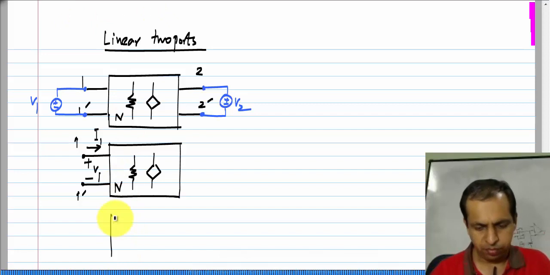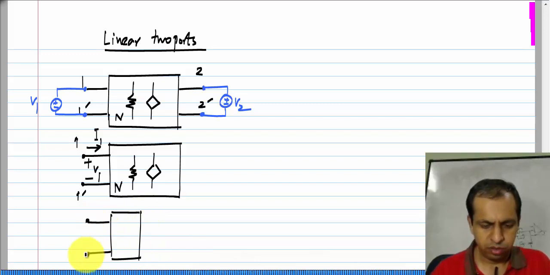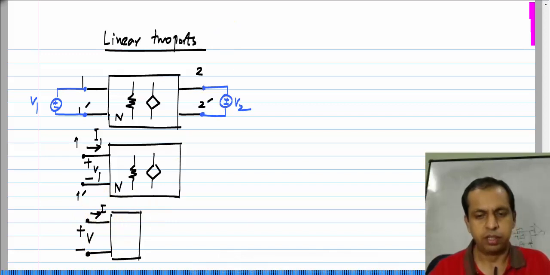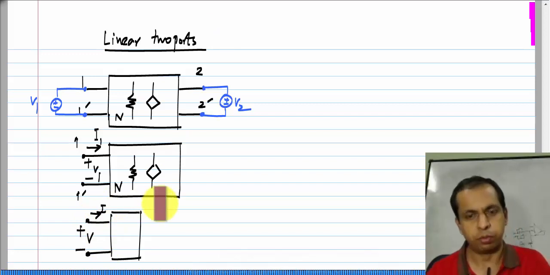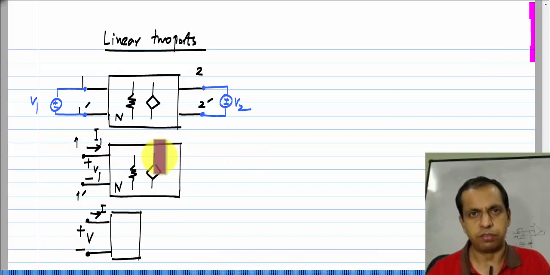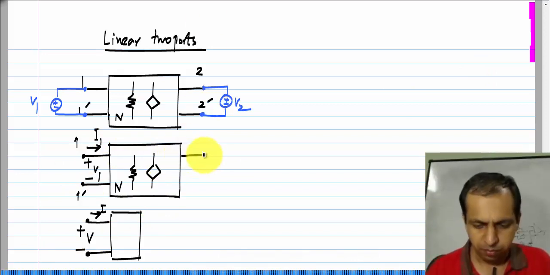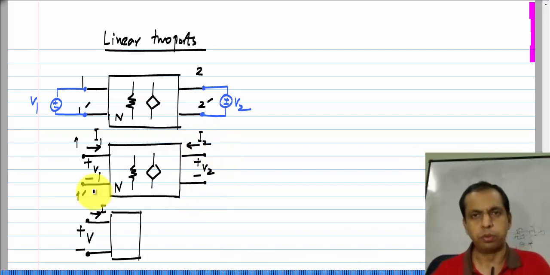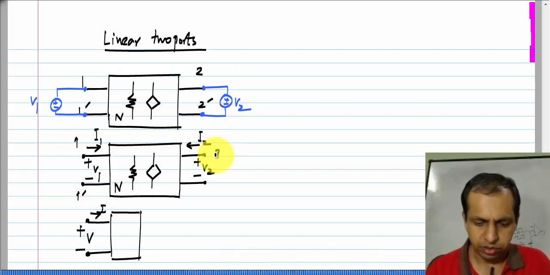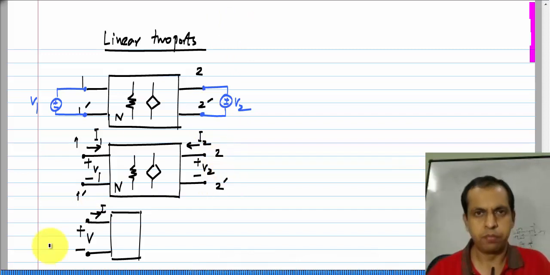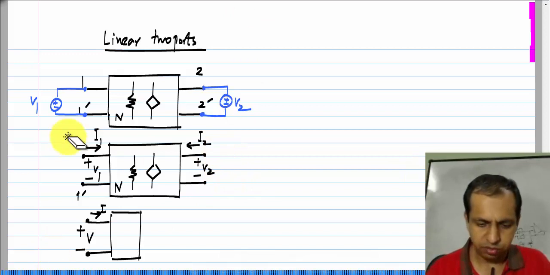Notice that this is analogous to if we had a one port, we would use passive sign convention and define V like this and I like that, and either evaluate the characteristics or plot it. Passive sign convention for two ports. Similarly, for port 2, I will define V2 and I2 like this, and this is terminal 2, this is 2 prime. Let me write these things inside the box just for convenience.